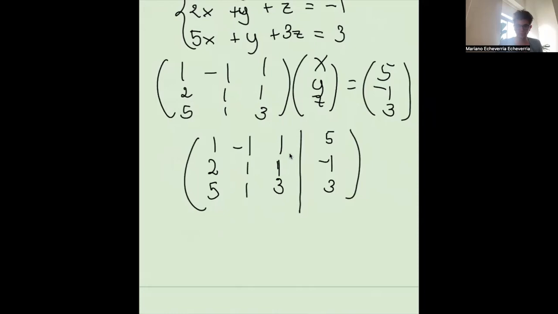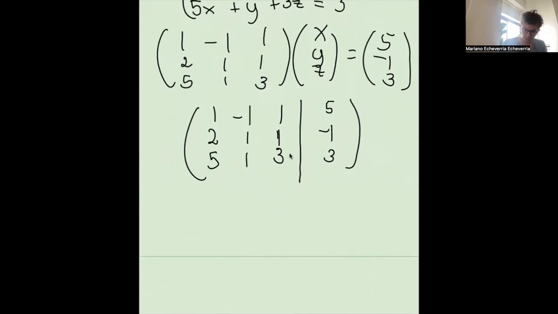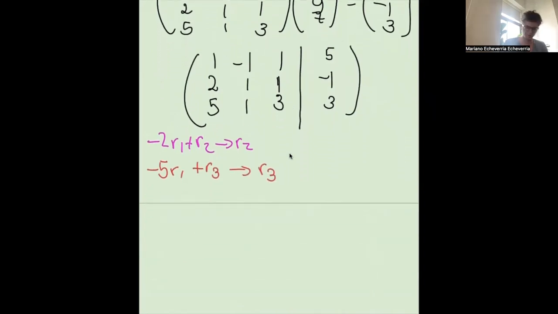Once you have that 1, you can use it to put a 0 here and a 0 here. Okay? So how can you put a 0 here? You have to do -2 row 1 plus row 2 into row 2. How can you put a 0 here? You have to do -5 row 1 plus row 3, and that is going to be replacing row 3.